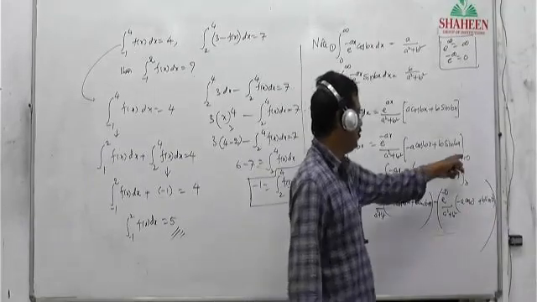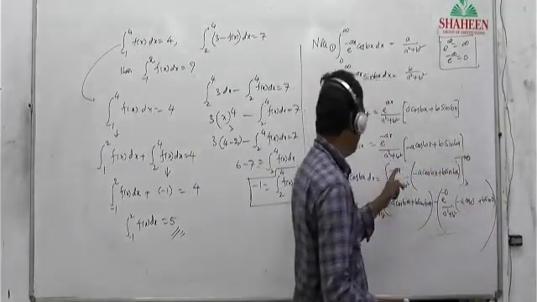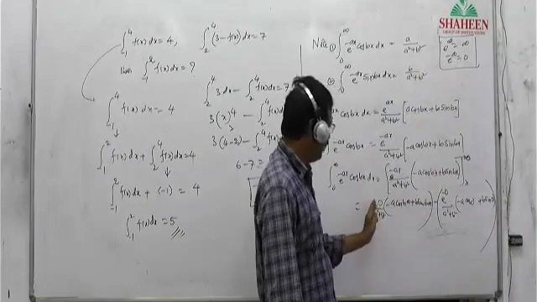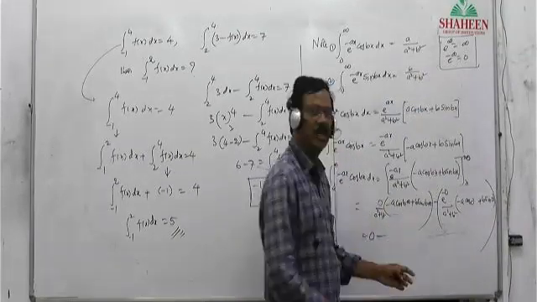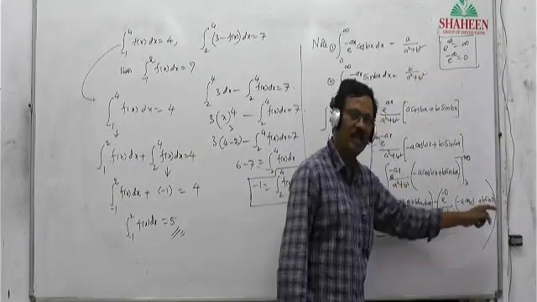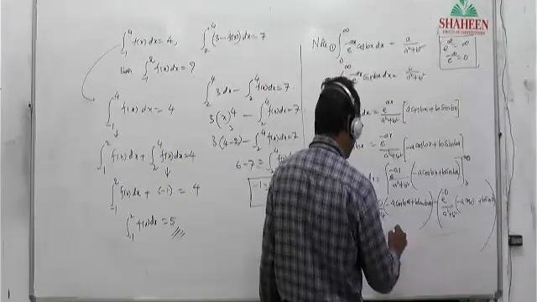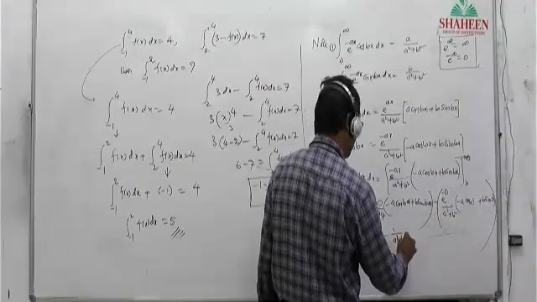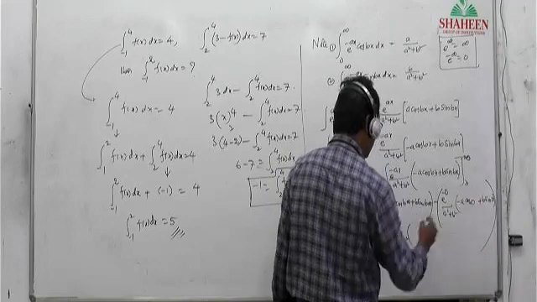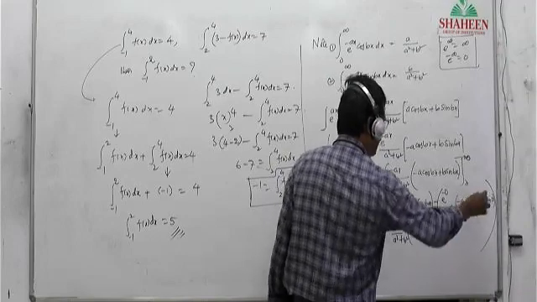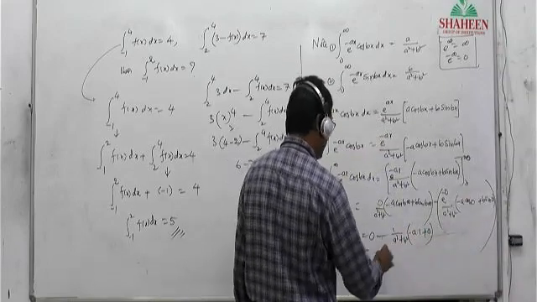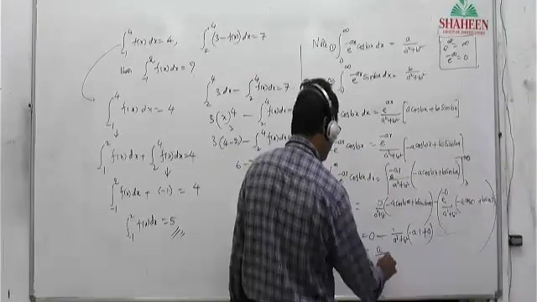Cos 0 is 1, and sin 0 is 0. What we got finally: minus into minus gives plus a by a square plus b square.